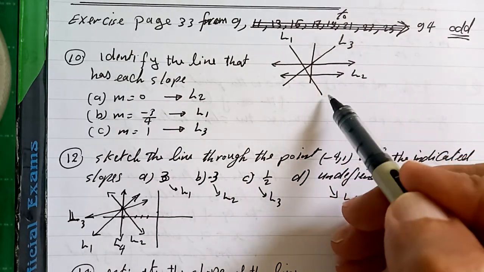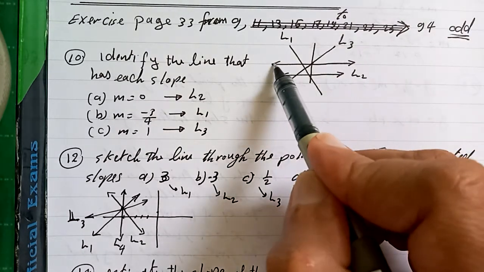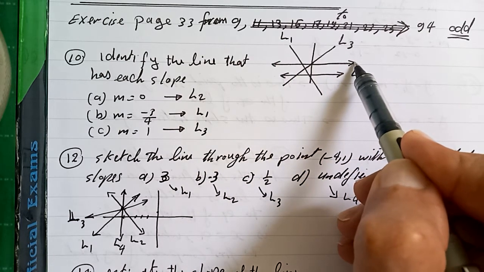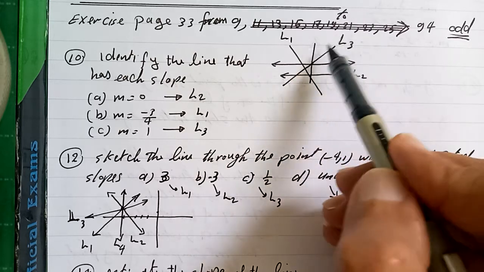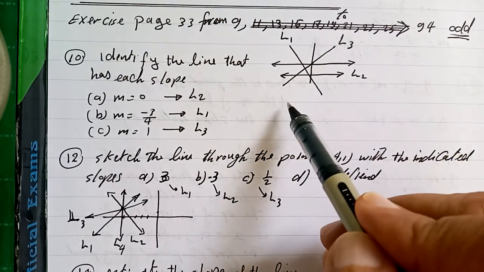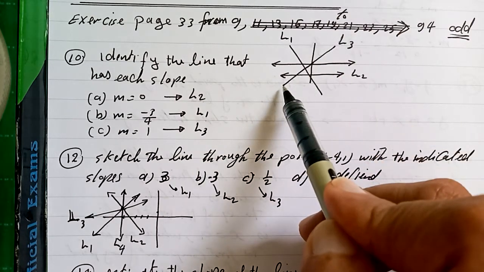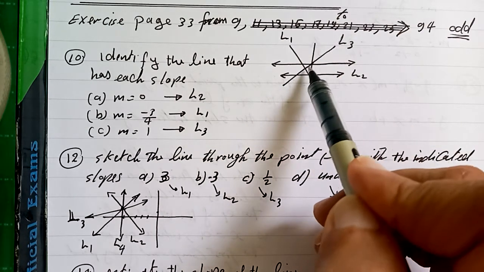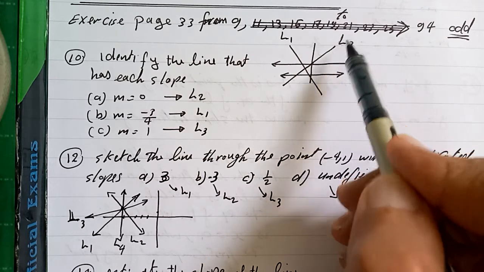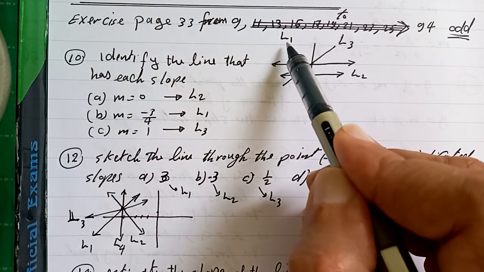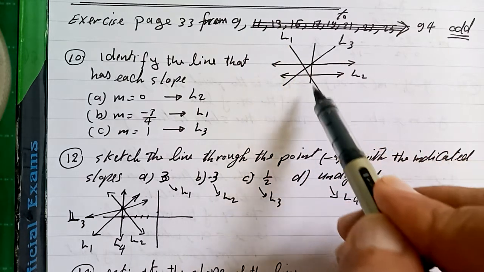Look, the horizontal line always has a slope of 0, and the vertical line has an undefined slope. The line which goes from left to right up has a positive slope, and the line which goes down from left to right has a negative slope.